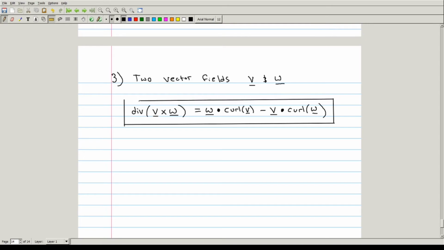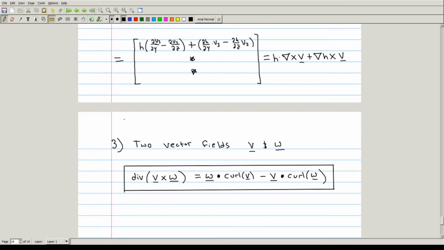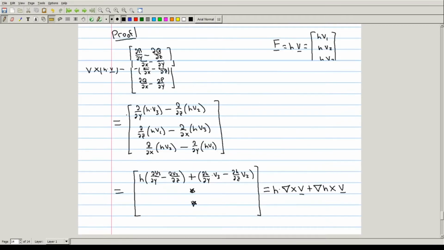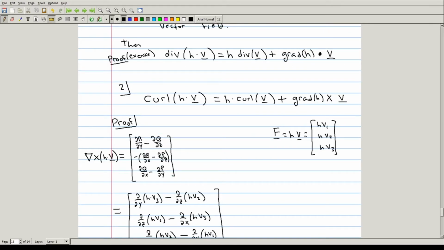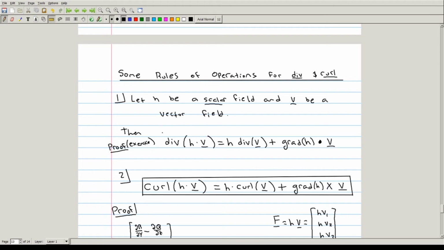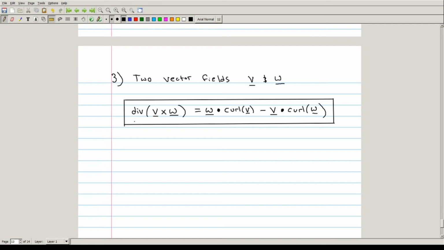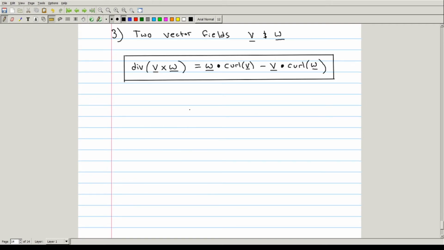This is an example of a rule that is a little bit more complicated than the other rules. All of the other rules that we've seen have been very straightforward generalizations of the product rule, but for this example it's not entirely straightforward, because you have the divergence of a cross product, and it simplifies down to the subtraction of two separate dot products of curls of the given vector fields.